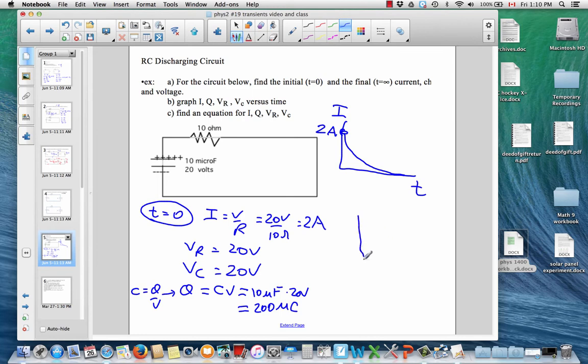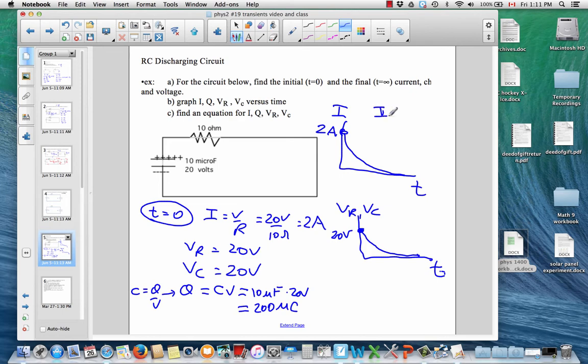So for our current graph, we can say it starts at 2 amps and it drops down to 0. And then I suppose we could do one more, right? The resistor voltage and capacitor voltage versus time are going to start off at this 20 volt initial value, and then they're going to drop down to 0. So I'm claiming that these quantities are exponential decays. We'll prove that in class.